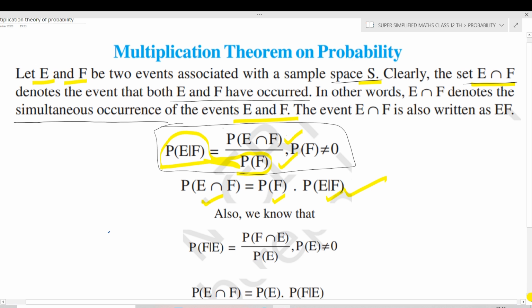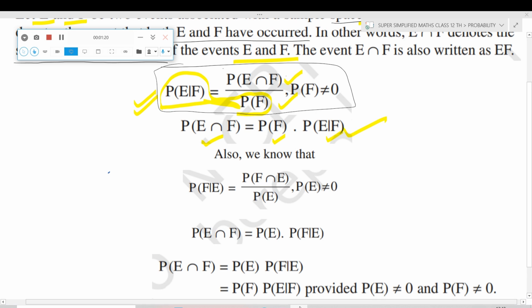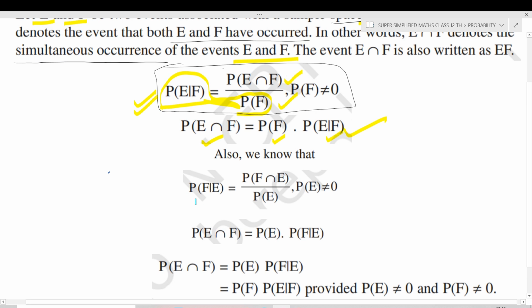Now students, in the same manner, if I want to write the conditional probability of F, knowing that E has already occurred, it is given by this expression, probability of F by E, which is equal to probability of E intersection F divided by probability of E.